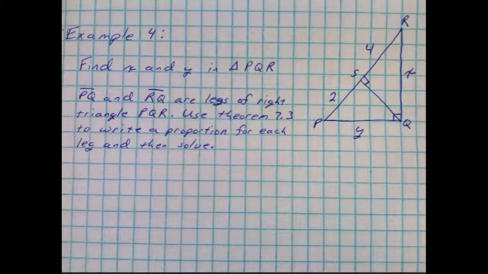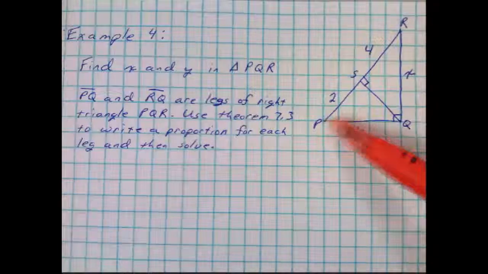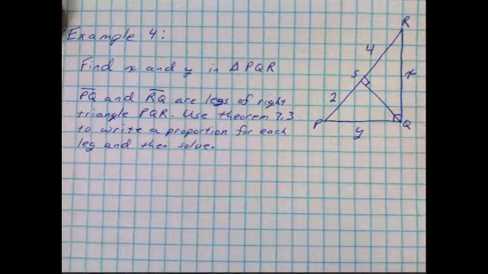We're going to use theorem 7.3 to write a proportion for each leg and then solve. If we look back at 7.3, we have PR and PS. PR and PS will give us the y.